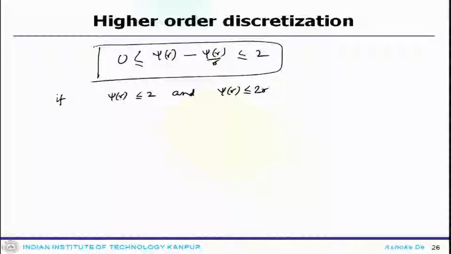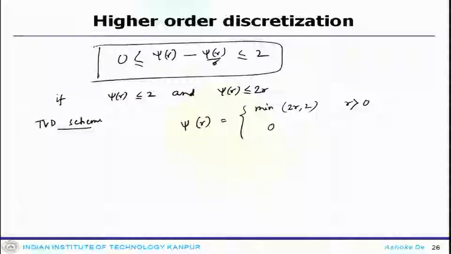So, combining all of this to produce a TVD scheme, a criterion similar to that of CVC or CBC can be developed, where one can write psi r equals the minimum of 2r and 2 when r is greater than 0, and 0 when r is less than or equal to 0.